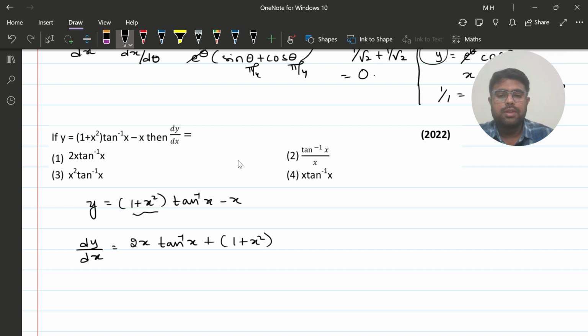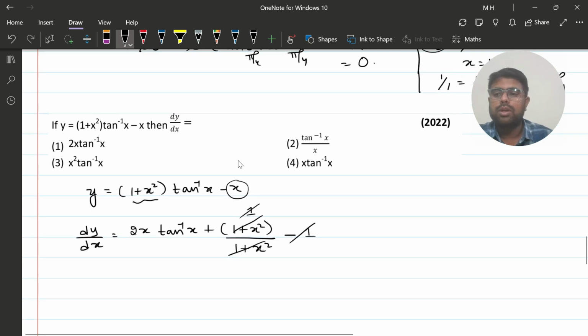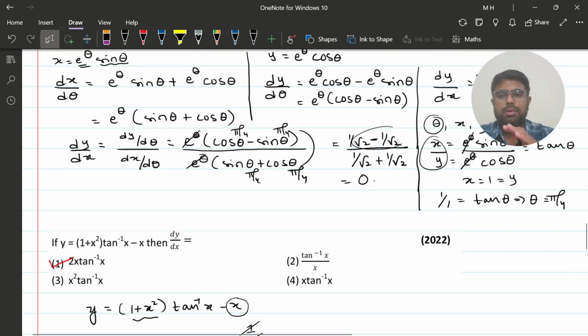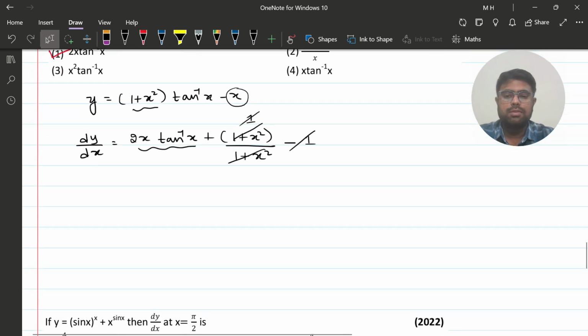What is the derivative of tan inverse x? It is 1 by 1 plus x square, minus, what is the derivative of x? 1. 1 plus x square got cancelled out. I'll get 1, and 1 minus 1 will get cancelled out. I'm going to get 2x tan inverse x. That is option 1. Look, this was a very simple problem. Among all the problems that we have solved, it was the simplest one.